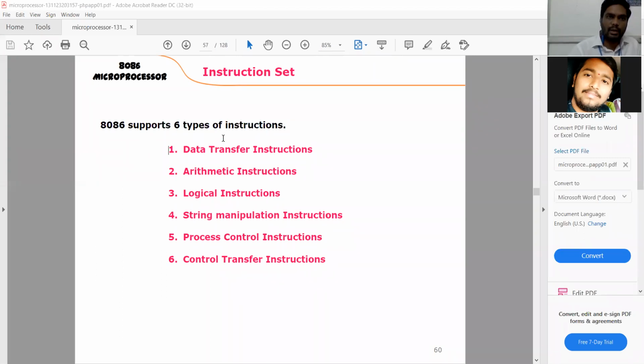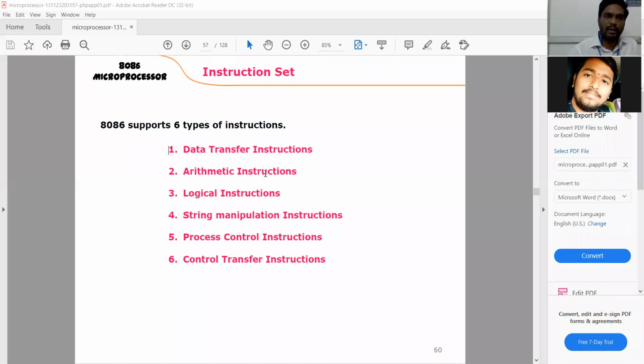The first category, data transfer instructions, performs data transfer operations either between register to register, register to memory, or memory to memory. All the data transfer operations will be performed by these data transfer instructions.